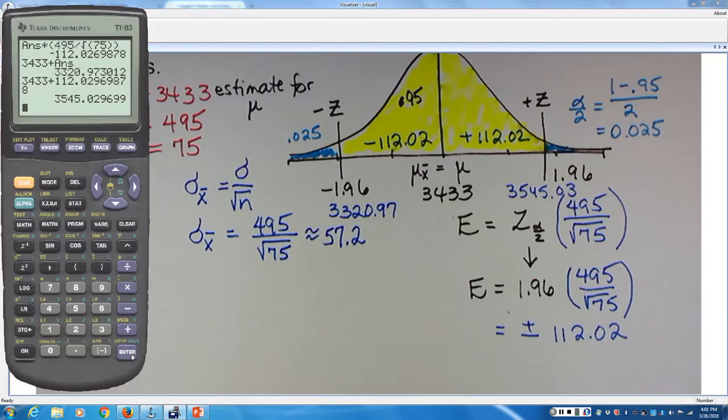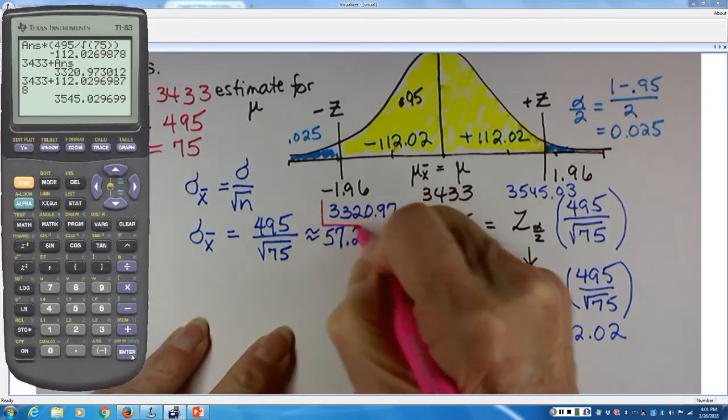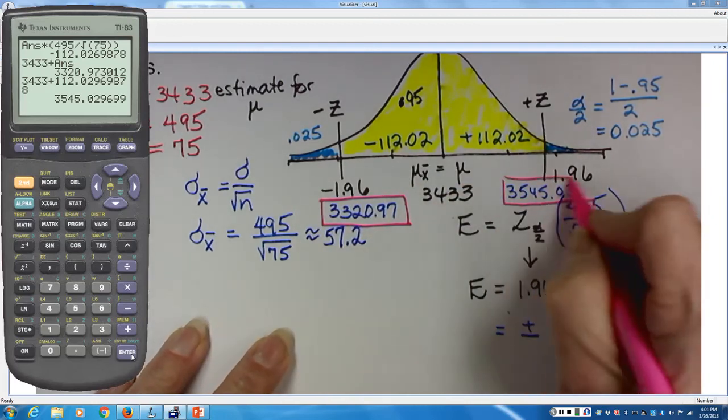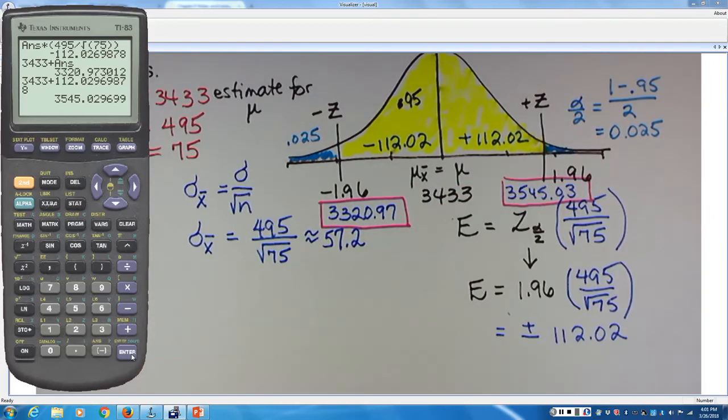And those are the numbers that answer my question. So on a test, do we need to do all of that? No, but I want to make sure you understand the process that we're doing. Okay? Mostly because when you're trying to get the definitions, if you can't understand where everything went, it's hard to remember what that word meant. Okay? So there's our confidence interval.